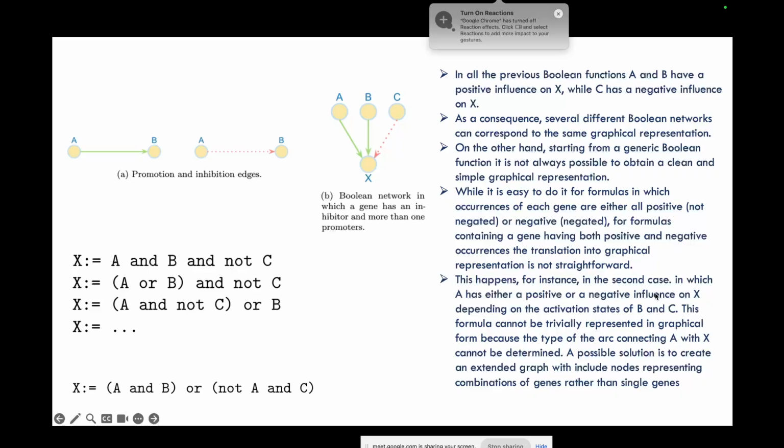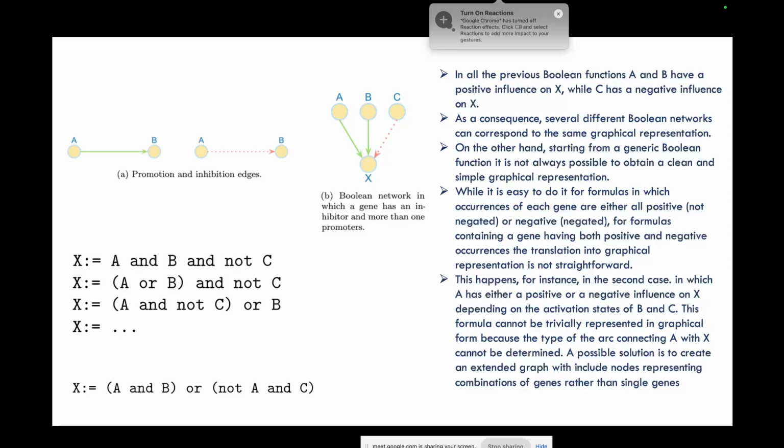Okay. So this is a little bit more detail of that same Boolean figure. In all the previous Boolean functions, A and B have a positive influence on X, while C has a negative one. As a consequence, several different Boolean networks can correspond to the same graphical representation. On the other hand, starting from a generic Boolean function, it is not always possible to obtain a clean and simple graphical representation.